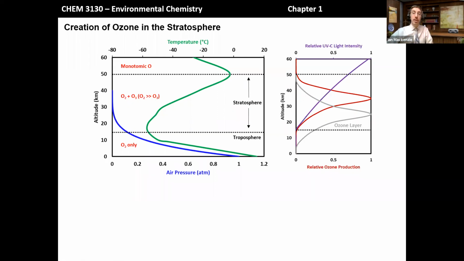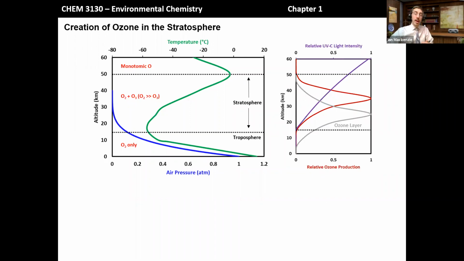The actual concentration of ozone in the ozone layer never really goes above 10 parts per million, but that is still enough to filter essentially all the remaining UVC light, and as we'll get to when we talk about destruction processes for ozone, that ozone also filters out the UVB light that we've talked about as being so responsible for DNA damage and skin cancers.